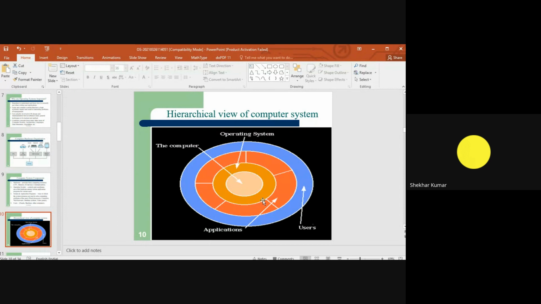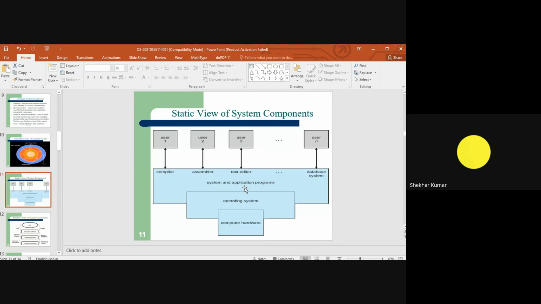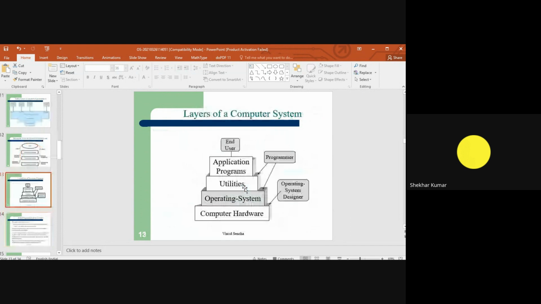Then there are the applications in the outermost part. Here is the user, where we exist. We connect with the operating system through some application software. After that, the operating system connects with the hardware.